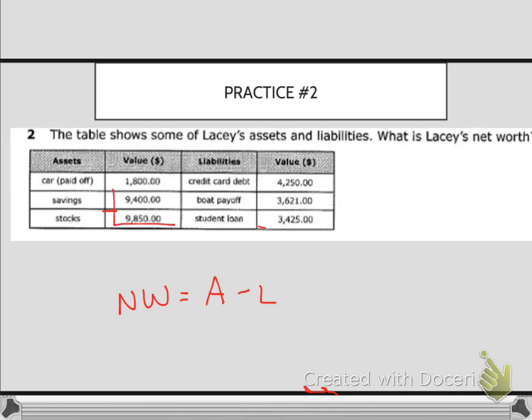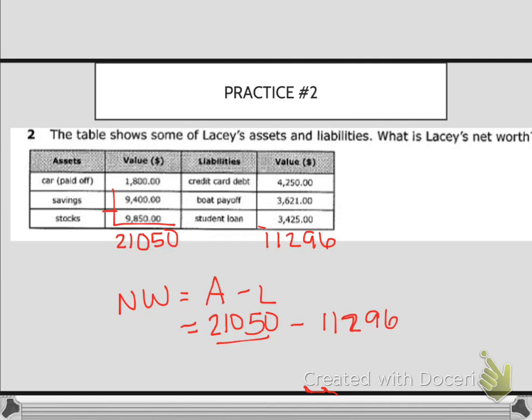So the total of her assets is $21,050. The total of her liabilities is $11,296.